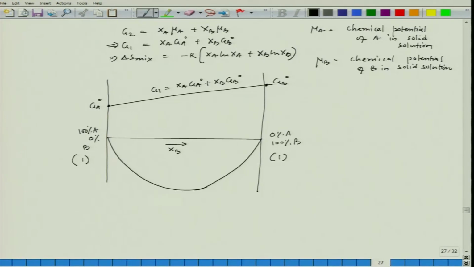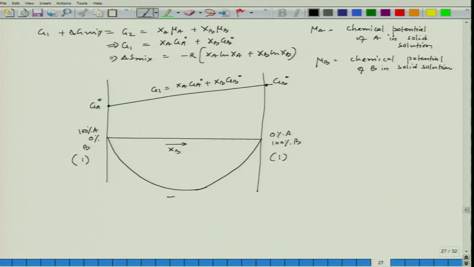And I can also write this G2 as G1 plus del G mix. Since it is ideal solution, then I can also get the knowledge of del G mix.